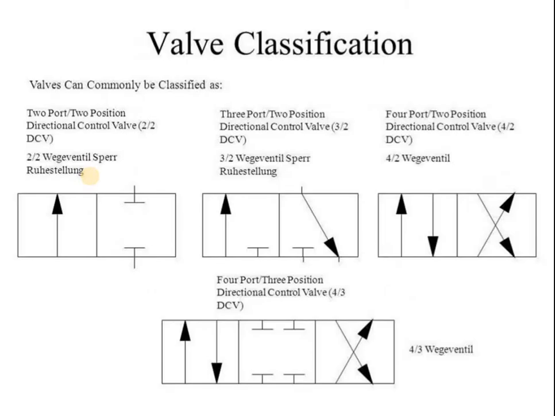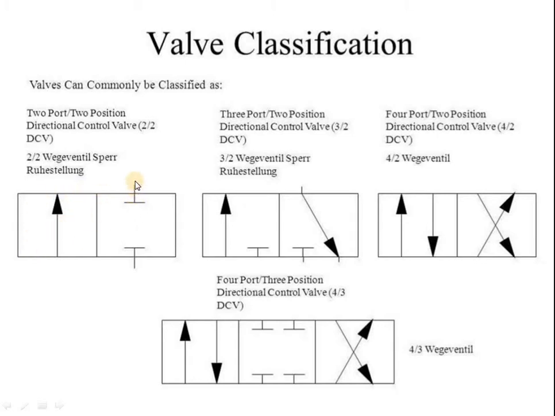Now we'll discuss the valve classifications. Valves are commonly classified in different ways, and you have seen the symbolic representation of the different classifications of valves. The first one I will explain is a 2-port, 2-position DC valve. What does 2-port and 2-position mean?